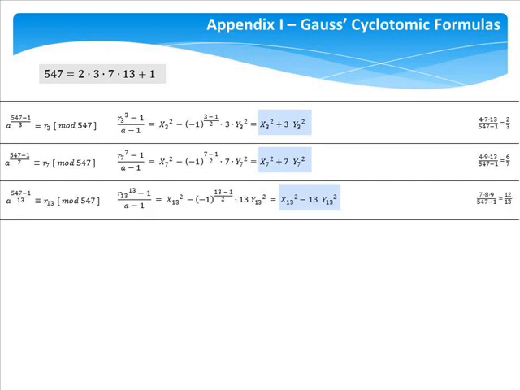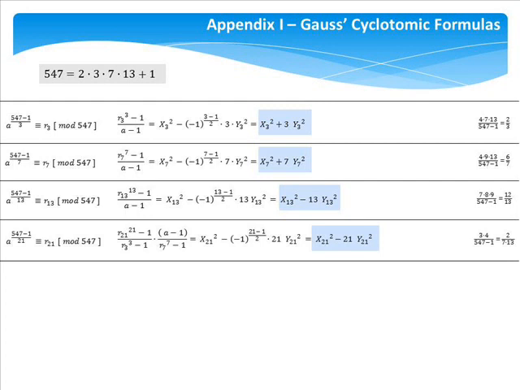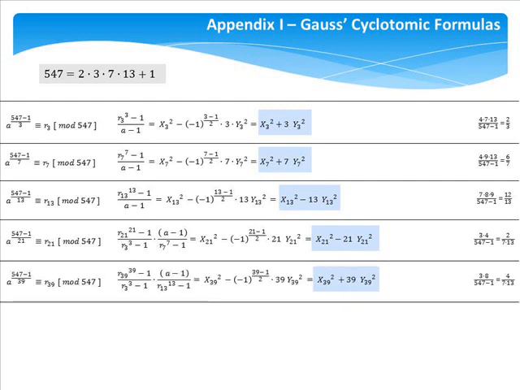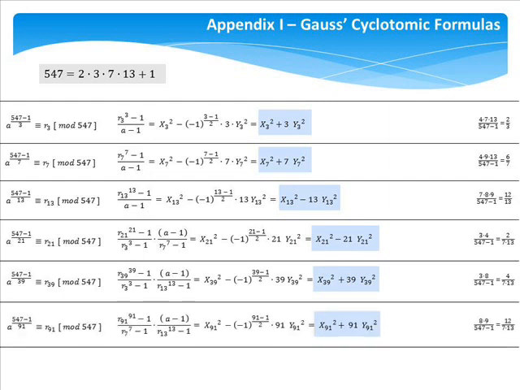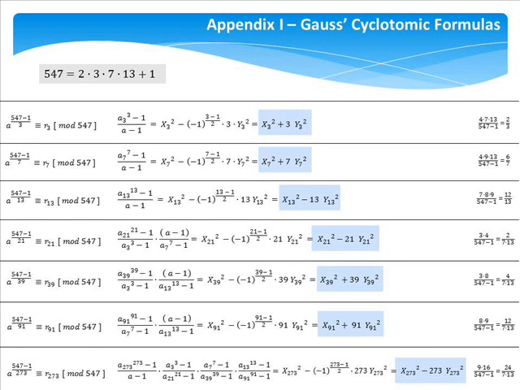And at the right side, we illustrate how we can calculate the number of values of A in the range 0 to 547 minus 1, where 547 divides the cyclotomic formula. Notice that we can also find cases where 547 divides the cyclotomic formula when n equals 3 times 7, 3 times 13, 7 times 13, and 3 times 7 times 13.